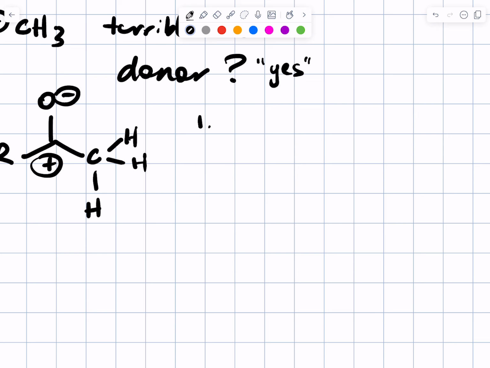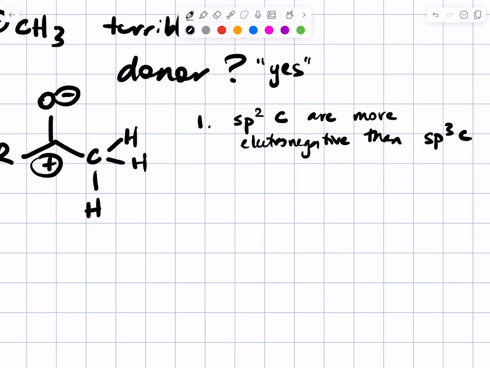The first is that in general, sp2 carbons, like the carbonyl carbon, are more electronegative because of their higher s character than are sp3 carbons, right? An sp3 carbon is only 25% s, and an sp2 carbon is 33% s.